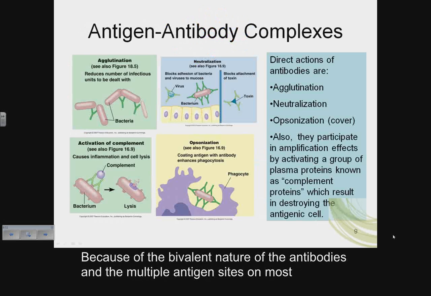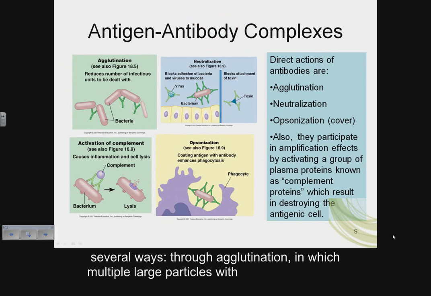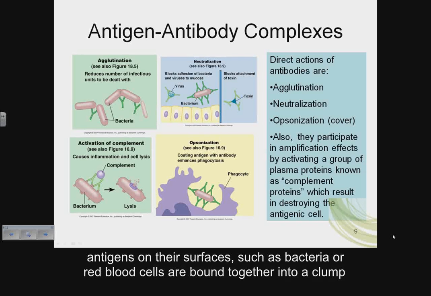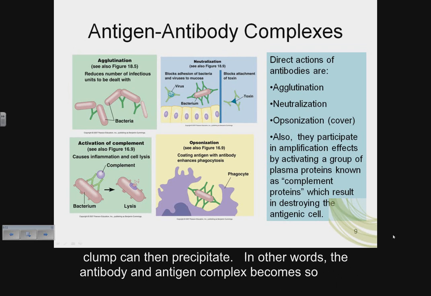Because of the bivalent nature of the antibodies and the multiple antigen sites on most invading agents or microbes, the antibodies can inactivate the invading agent in one of several ways. Through agglutination, in which multiple large particles with antigens on their surfaces, such as bacteria or red blood cells, are bound together into a clump held together by the antibodies that are attached to their surface antigens.